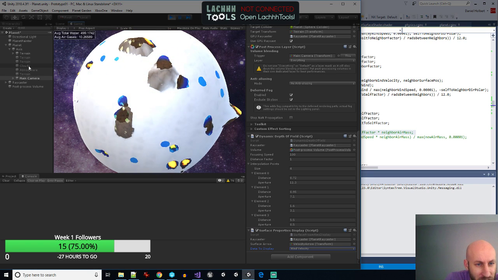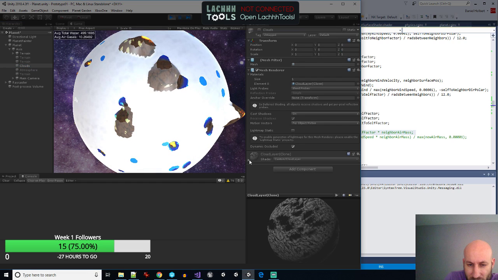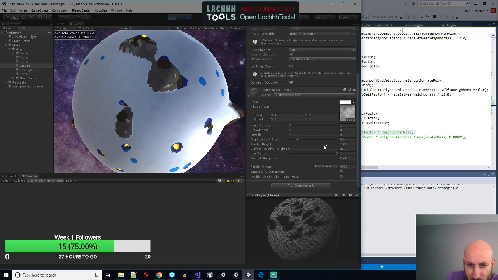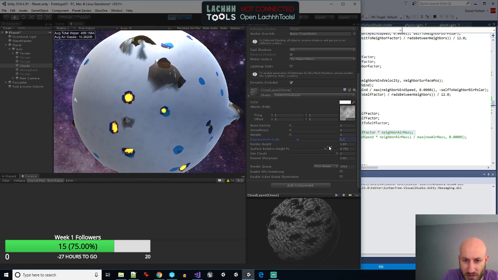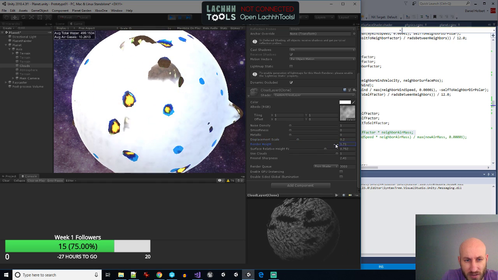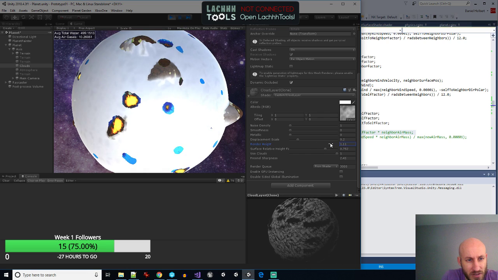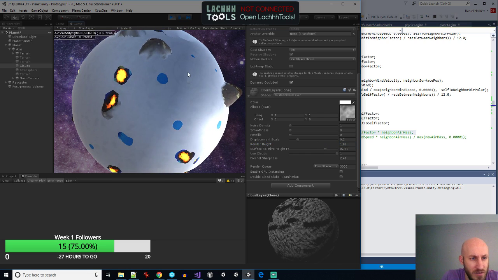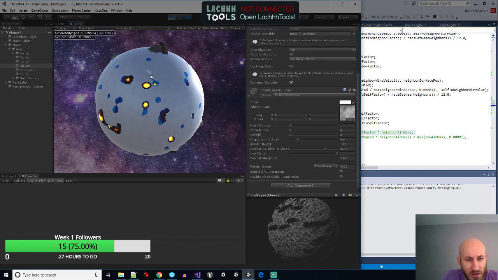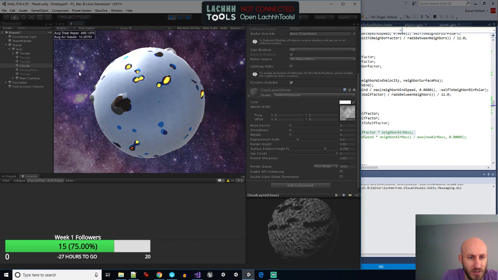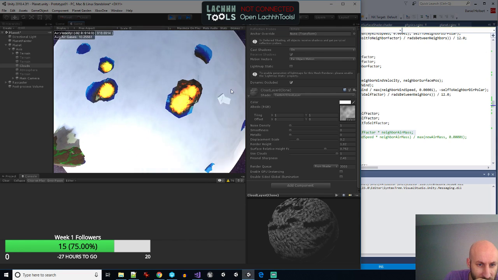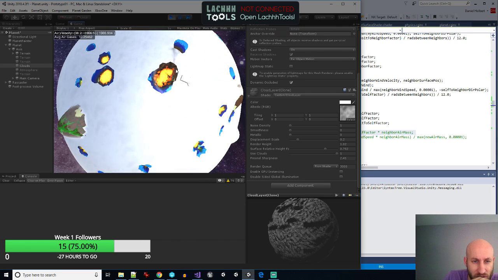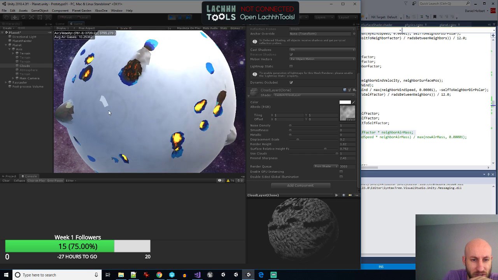And I need to raise up my clouds because I was playing around with stuff and now they're like below the land. Oops, not that one. My clouds, yo. Surprised that I'm not getting like rings of moisture around this volcano, which I have been seeing in the past.